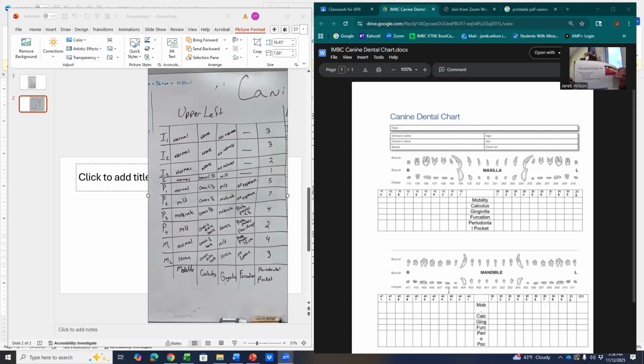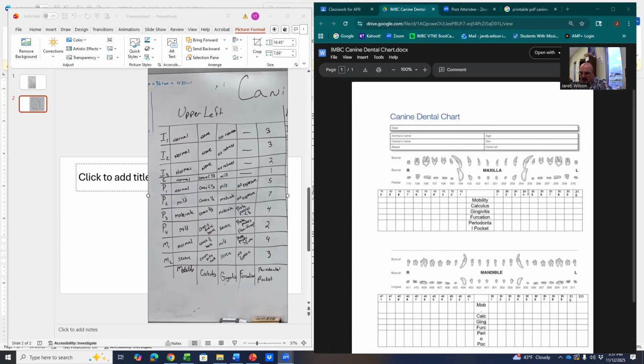Periodontal pocket. This is simple. All you're doing is writing the pocket depth in those numbers. So for tooth 201, your pocket is 3. 202, 3. 203, your pocket is 2. 204, the pocket is 1, and that's telling you how many millimeters deep that pocket is.